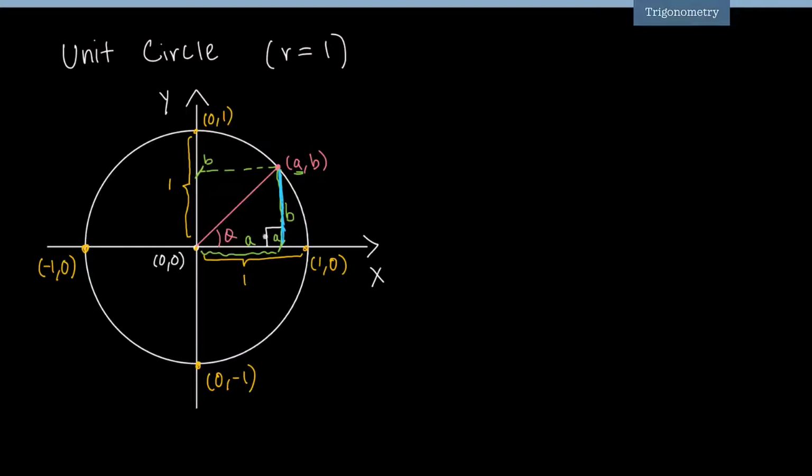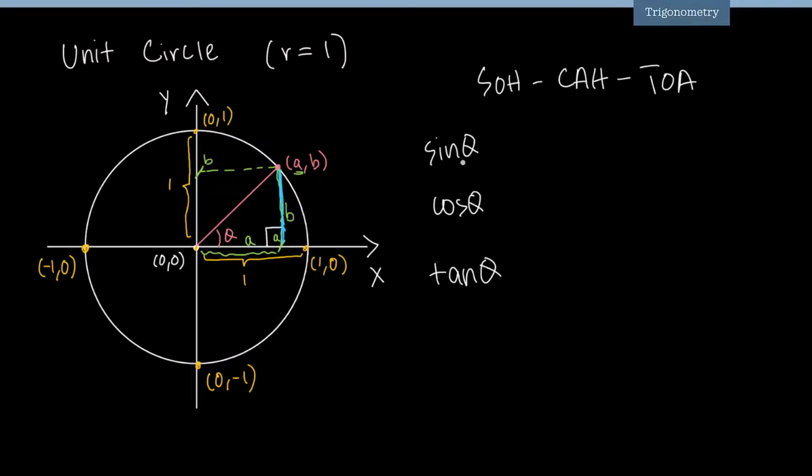Now, since this is a right angle triangle, I can apply SOHCAHTOA over here. I can apply basic right angle triangle trigonometry over here. So let's apply these basic trigonometric functions: sine theta, cosine theta, and tangent of theta. We know that sine theta is opposite upon hypotenuse from this rule.